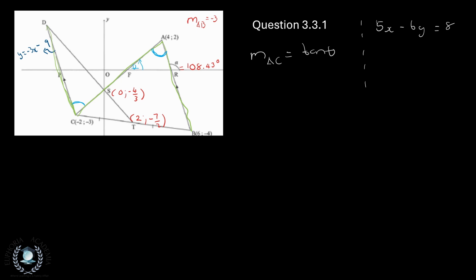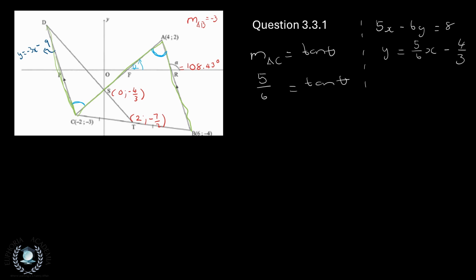And once you turn this into standard form, we'll be able to see what the gradient is. And when we do that, we see that y is equal to 5 over 6x minus 4 over 3. Now from that we can see that our gradient is 5 over 6, and that is equal to tan theta.